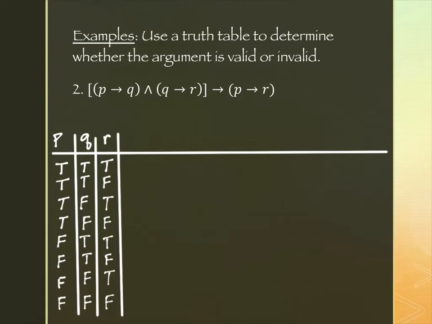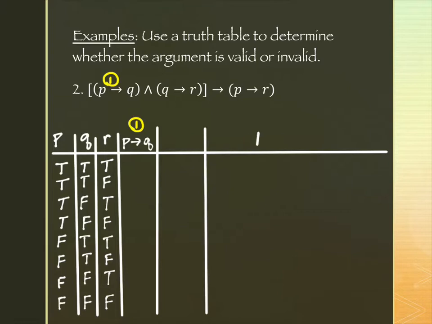The first new column is P implies Q, and I'll call this column 1. The next set of parentheses is Q implies R, and I'll call that column 2.